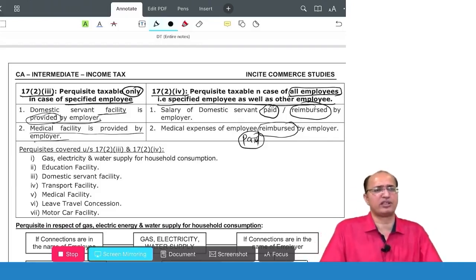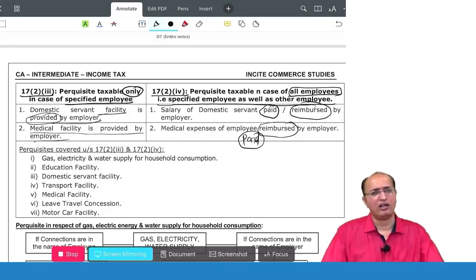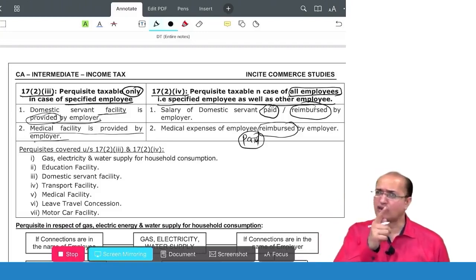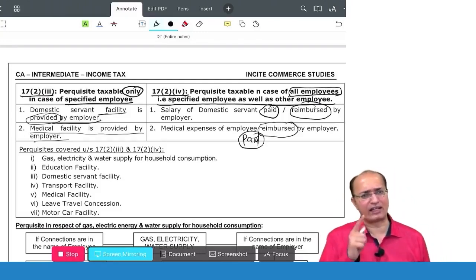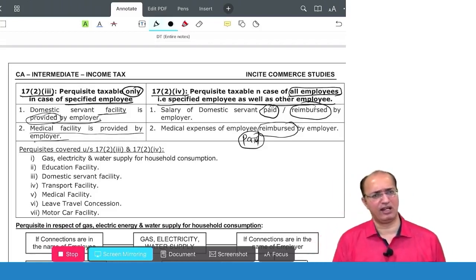My simple question is, for example, you are residing in your own house. In your house, you are having an electricity connection. Every month you are going to receive a bill. Payment of that bill is whose obligation?